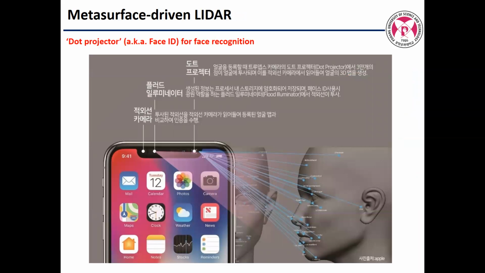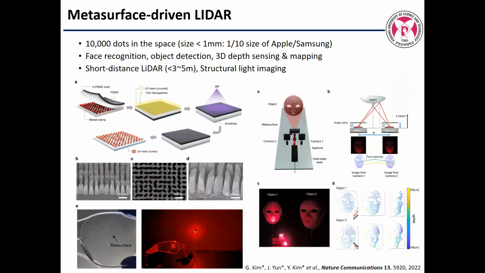So here is one recent example of what we can do. There are many examples in the field, but this is our Face ID dot projector, or structured light imaging. We reproduced the same function as Apple's Face ID, with 10K dots in 2D space, and the size becomes about 10 times smaller than Apple's Face ID or Samsung's dot projector.